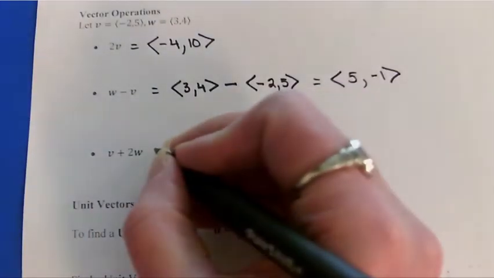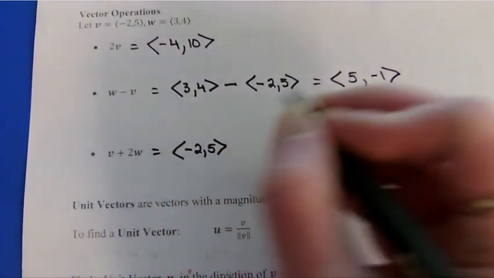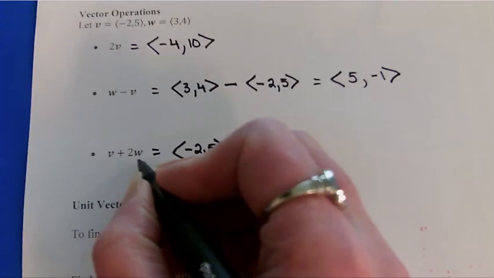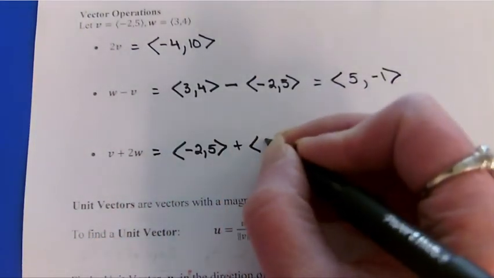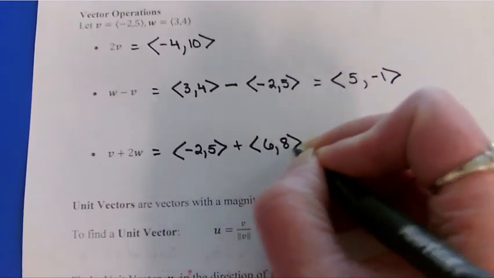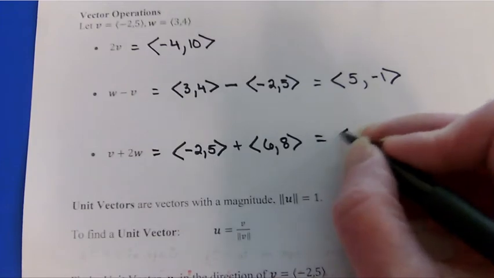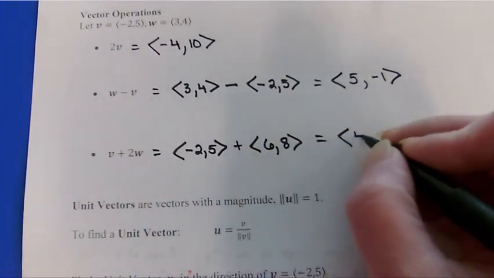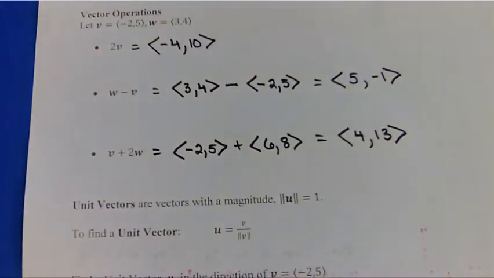Next, v plus twice w. Twice w would be 6, 8, because 3, 4 doubled is 6, 8. And if I'm adding those together, I'm going to add the components. And done.